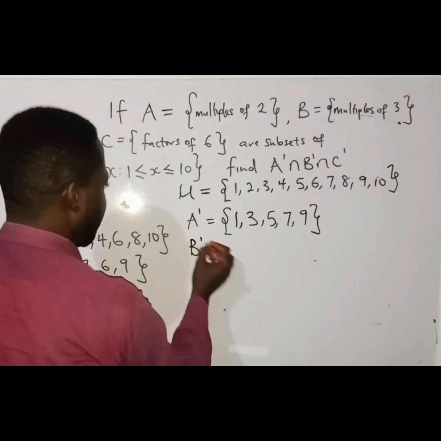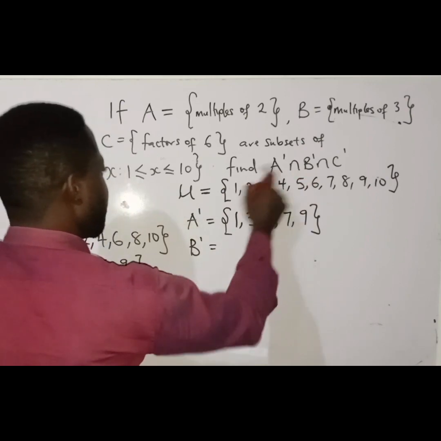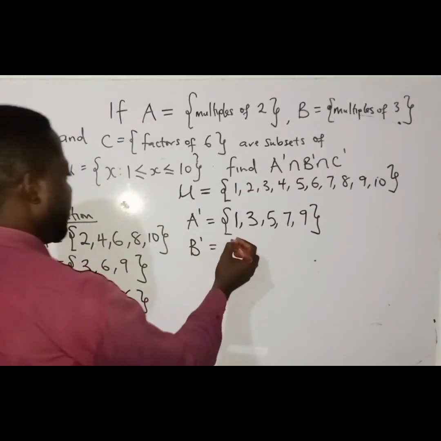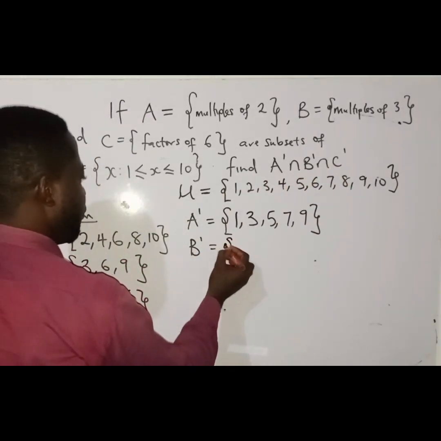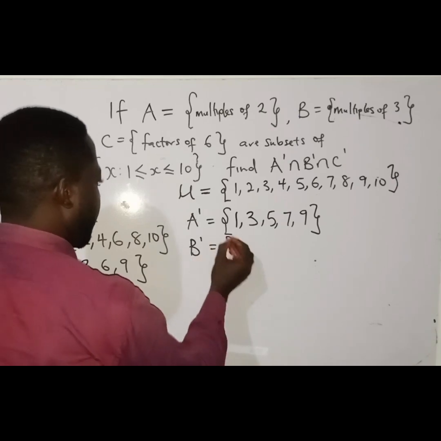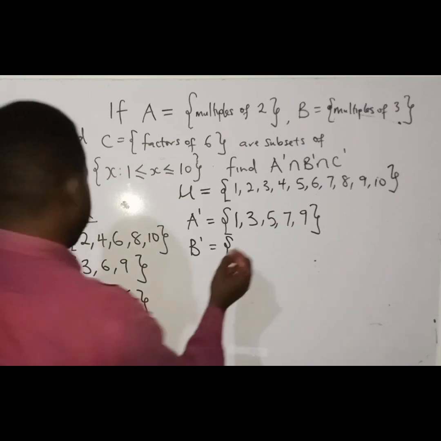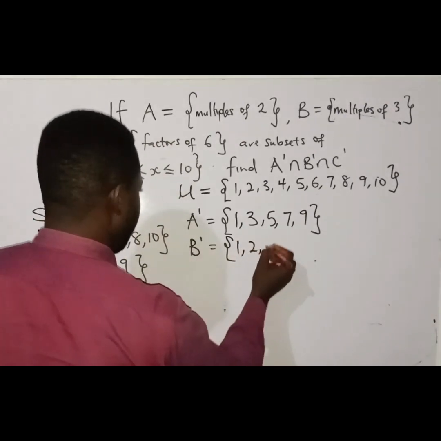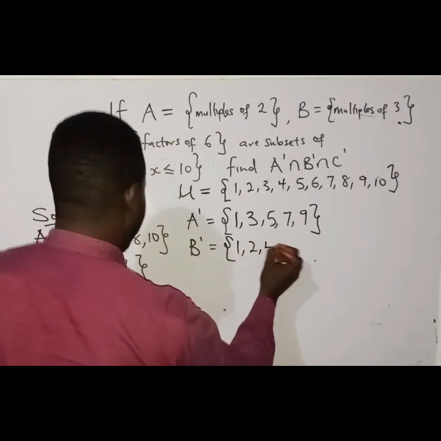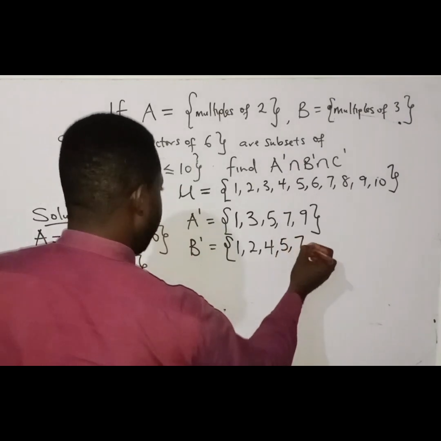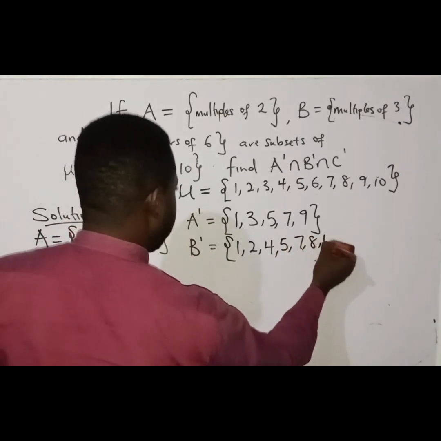Moving on to B complement, because we need that also before we can find the intersection. B complement is the elements of the universal set that are not in B. So in that case, I'm going to have 1, 2, 4, 5, 7, 8, and 10.